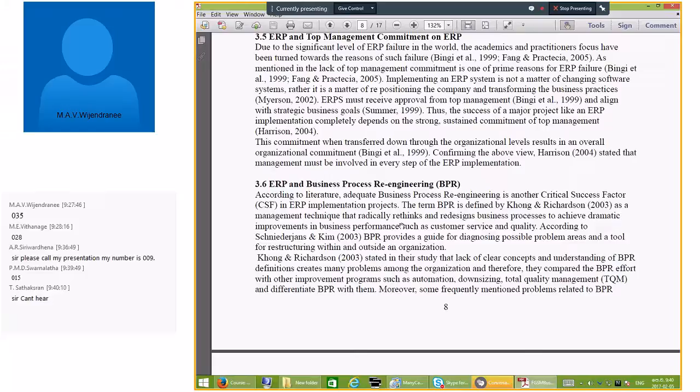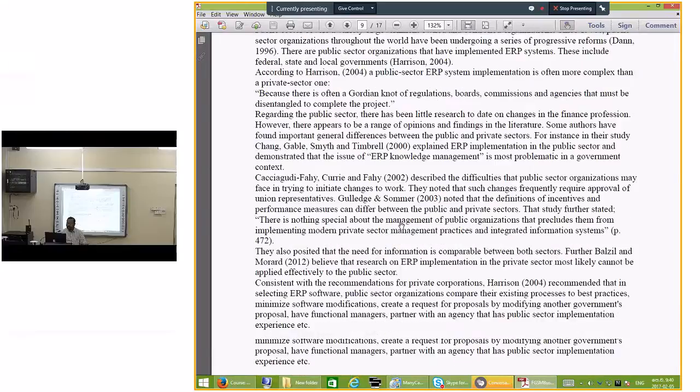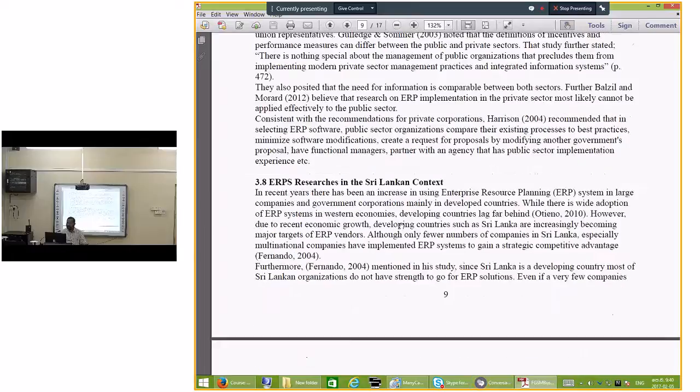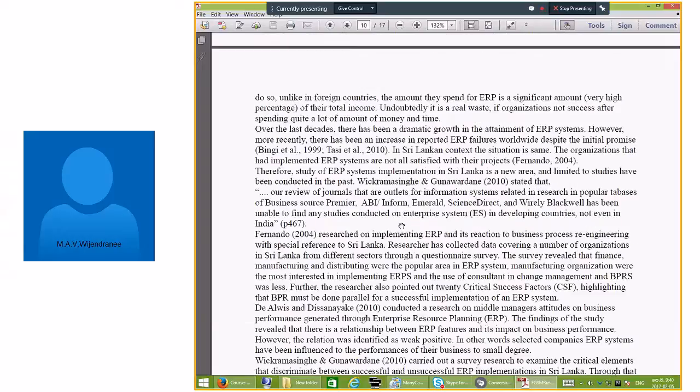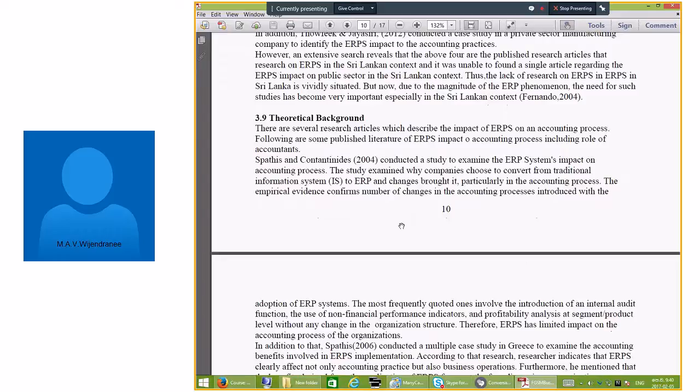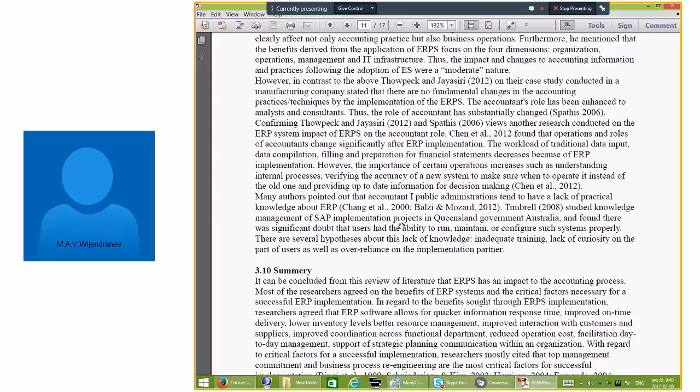Now, how do you check that? What are the variables you check to see whether the ERP system has had an impact? There are two areas to study. One is changes in accounting practices, and the other one is changes in the role of accountants.